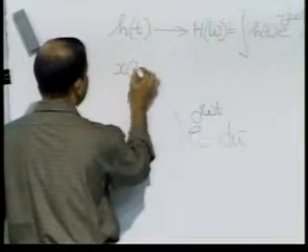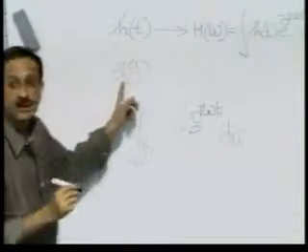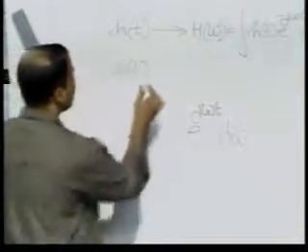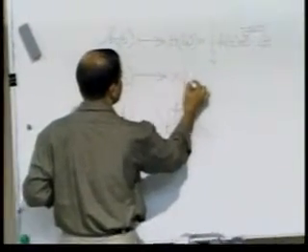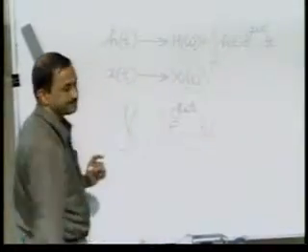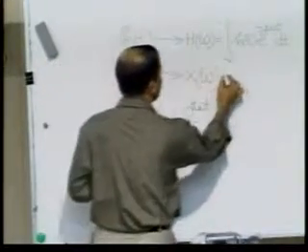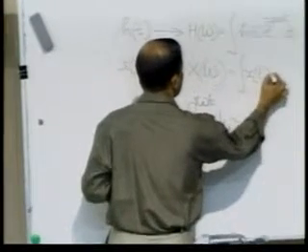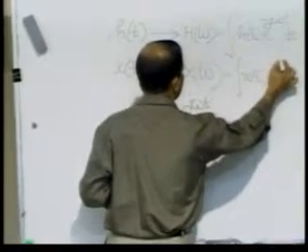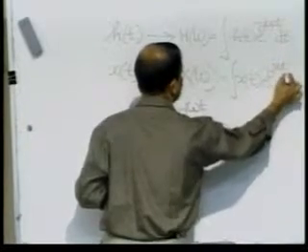So, therefore, for xt also, the input xt, if it is not periodic, we expect that there would be a similar quantity, let us call it x omega, given by the integral of xt e raised to the power minus j omega t dt.